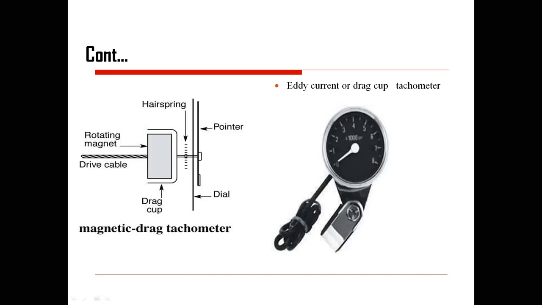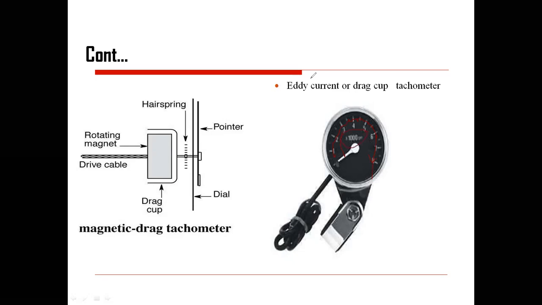So here is also one instrument. This dial gauge, if I represent it, is in black color, so I will represent it with a red color. As your magnetic field increases, this dial gauge reading will increase, and it will show the speed with the help of the pointer. The movement of this white pointer totally depends upon this multiplying factor.